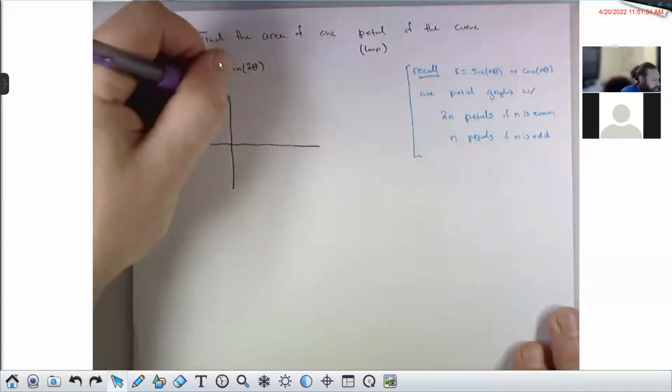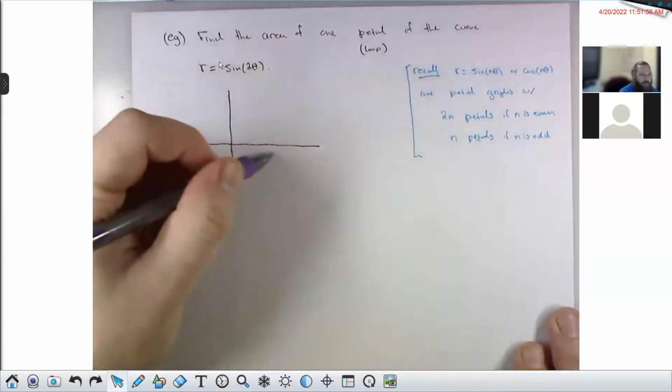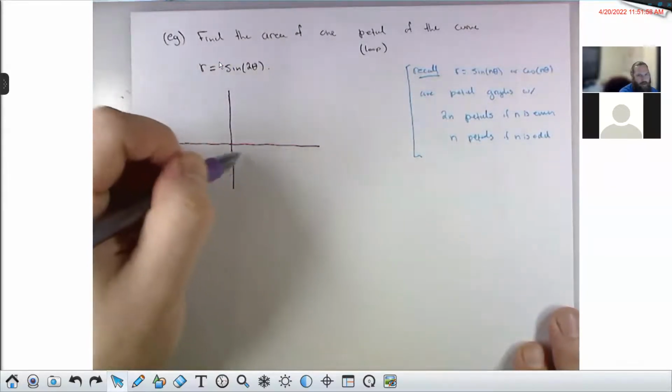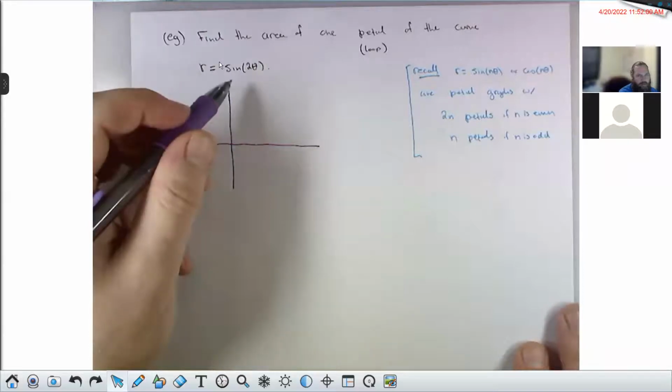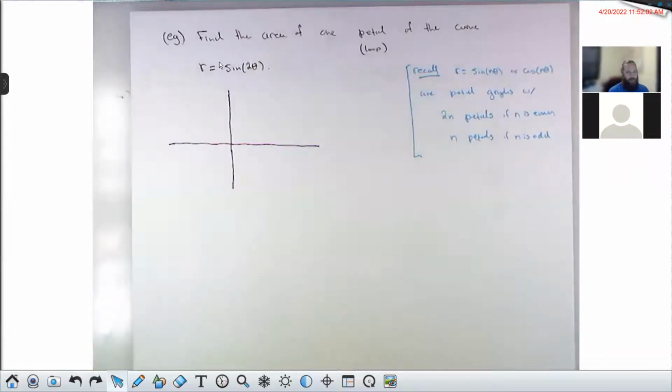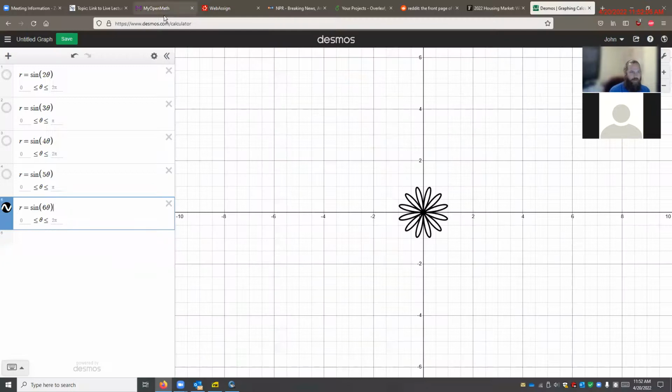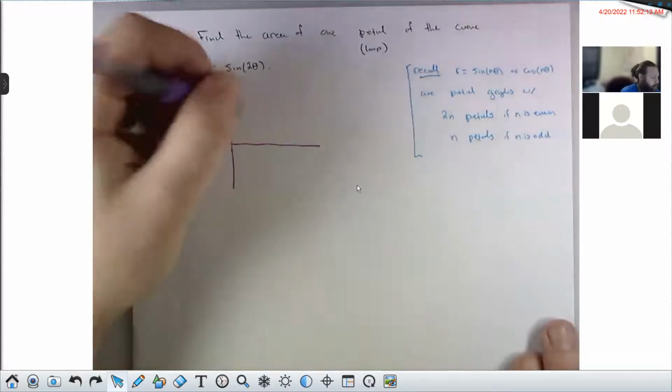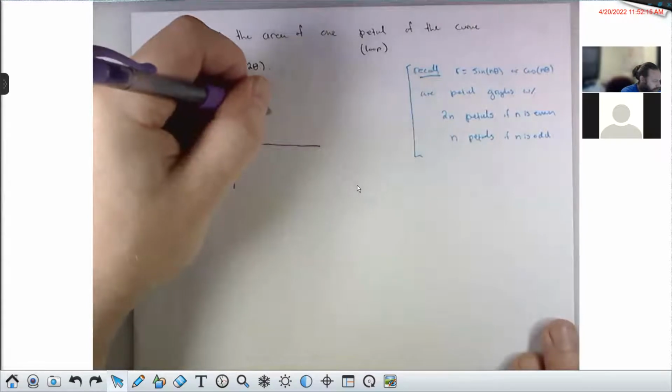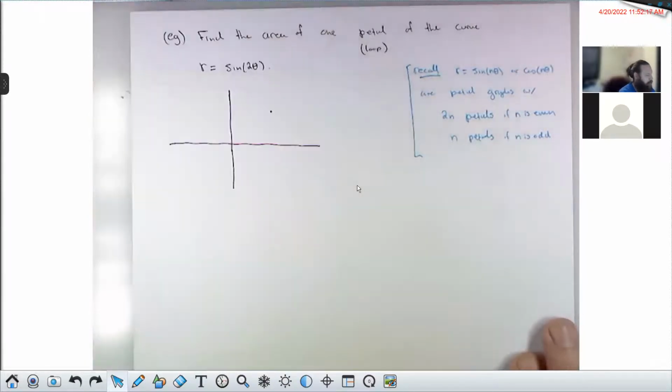The cosine petal graphs always have their first petal centered on the polar axis here. The sine petal graphs are a little bit different. They're rotated, just like you notice with the sine and cosine cardioids and all the other stuff, right? The sine petal graphs have their first petal oriented somewhere in quadrant 1.